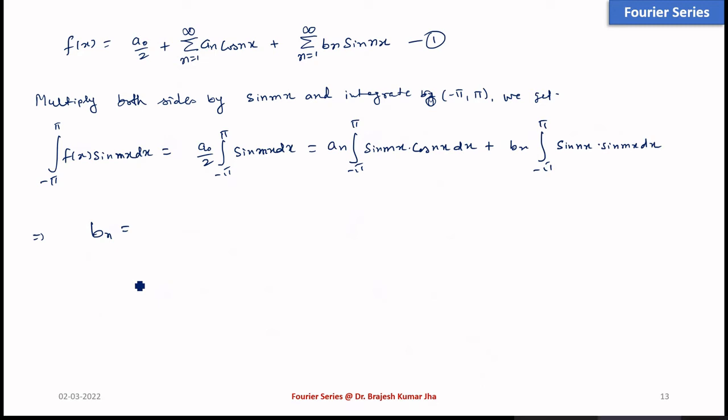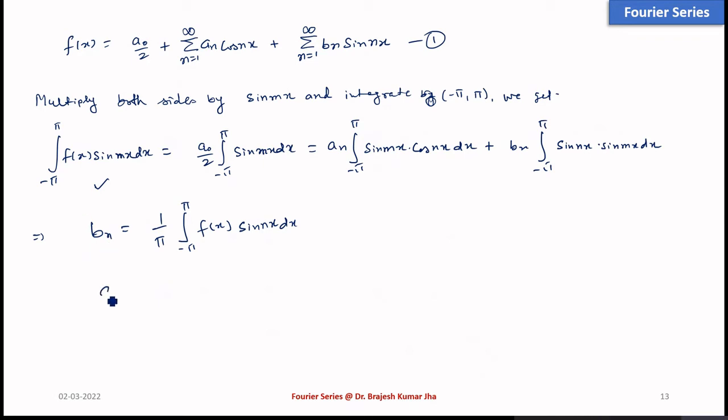Here a0 by 2 integration minus pi to pi sin nx dx is 0, and bn is going to be 1 upon pi integration minus pi to plus pi f(x) sin nx dx, because when m is equal to n, we get this one.